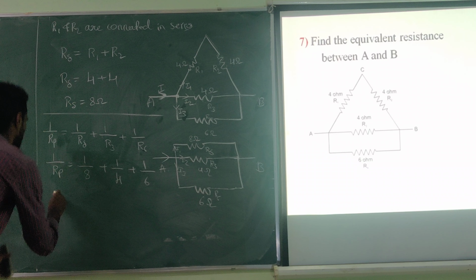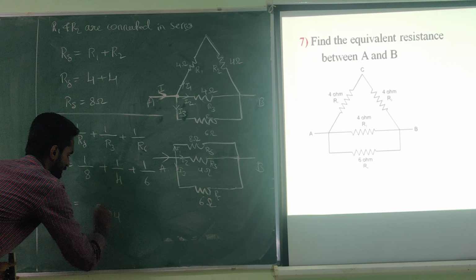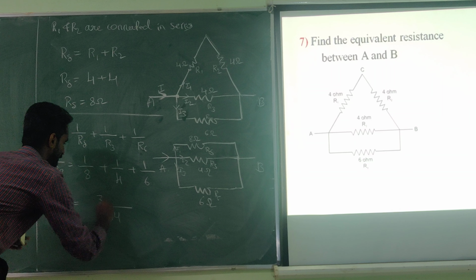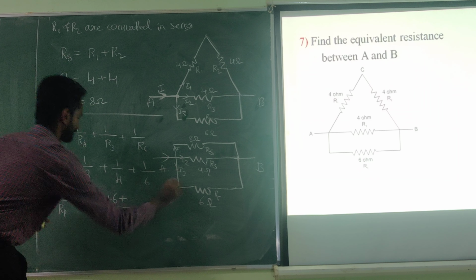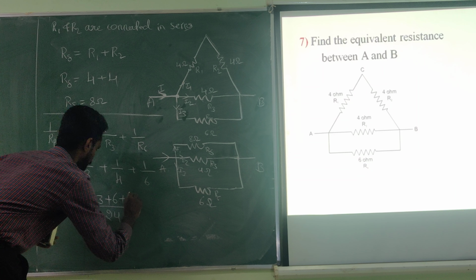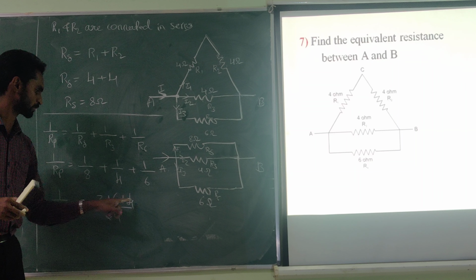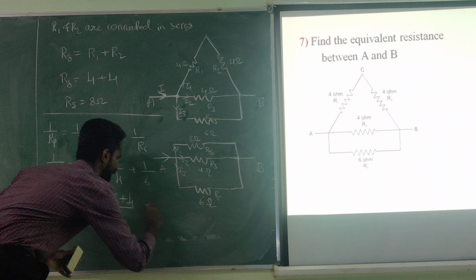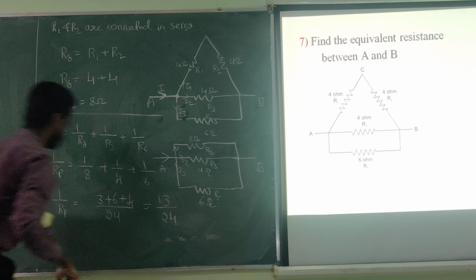If you take the LCM, you will get 24. So 8 3s are 24, 4 6s are 24, and 6 4s are 24. So 3 plus 6 plus 4. Finally, what will you get here? 13 divided by 24.